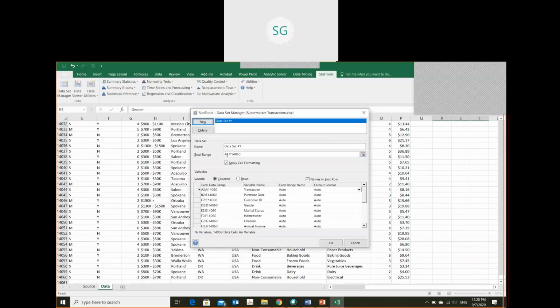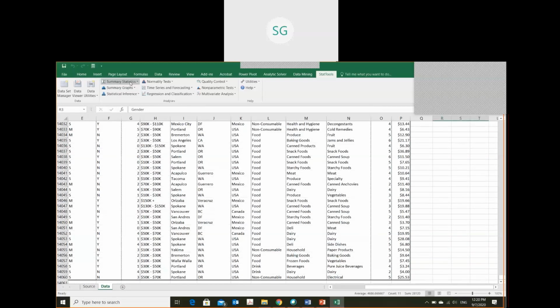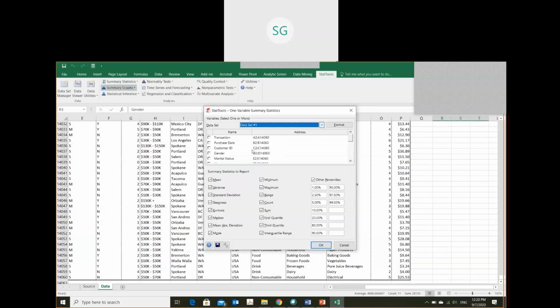First, we define our data range, and then we can go to the summary statistic, one variable, summary. For example, we select gender, and we get all the reports regarding mean, variance, standard deviation, etc. It makes no sense to get these reports for this variable.